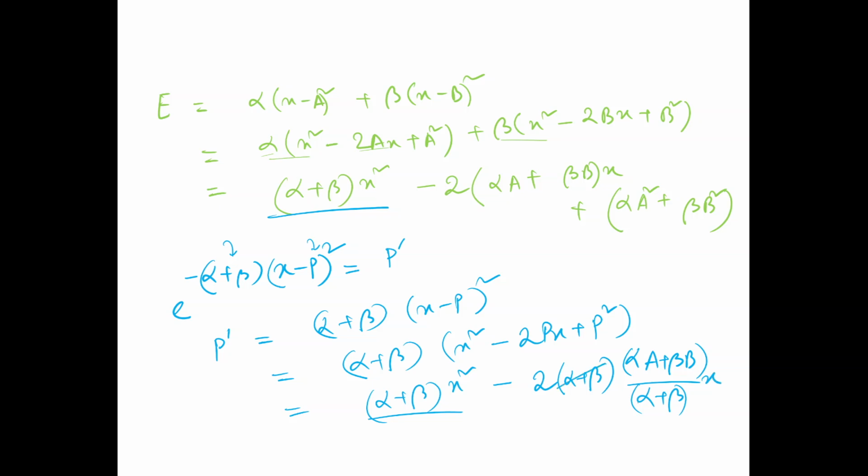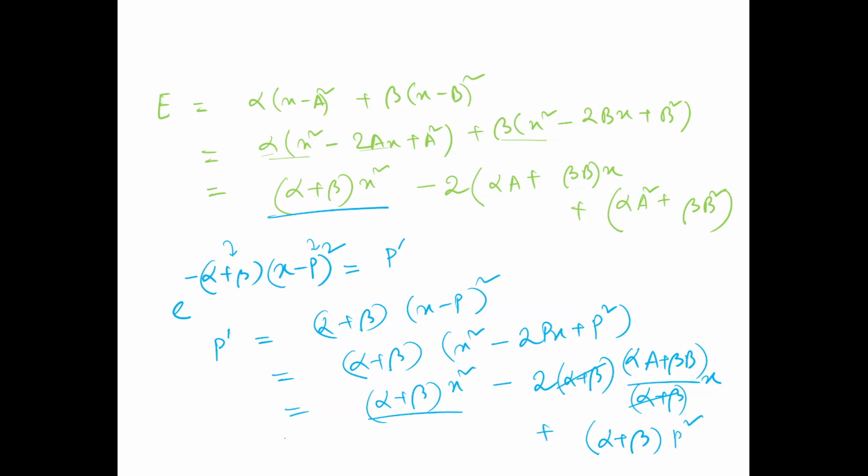You can see this term will get cancelled, and you have the other term, that is (alpha plus beta) times P square.